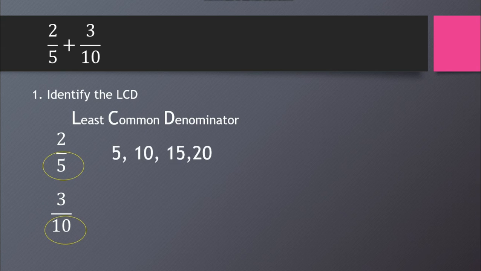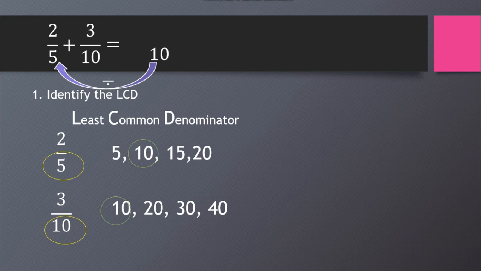Now list the skip counting by 5 and for 10. Okay, list them. That's correct. Now identify the common numbers. Okay, the common is 10, which is also the least number. Now that is our least common denominator. Divide 10 by 5.